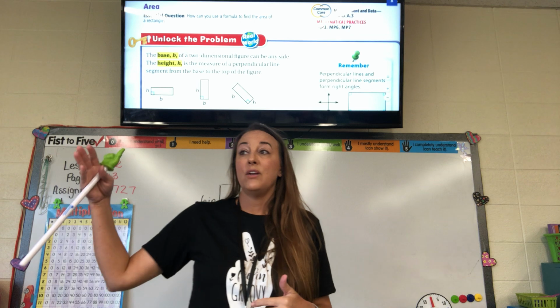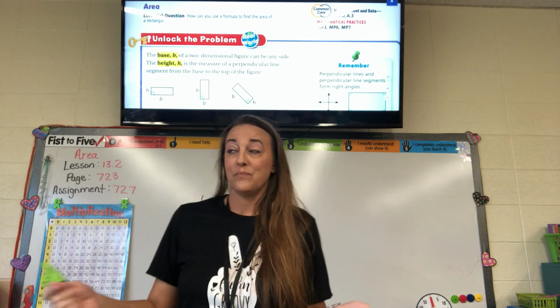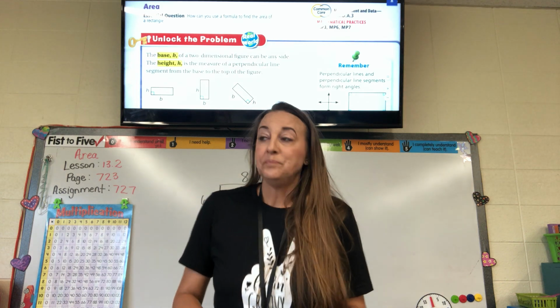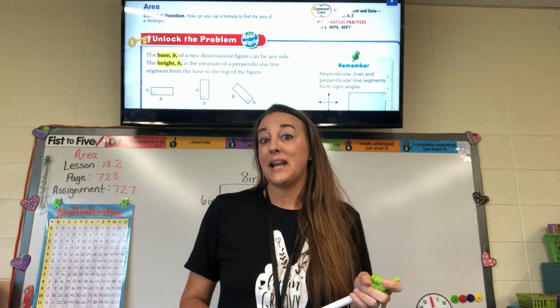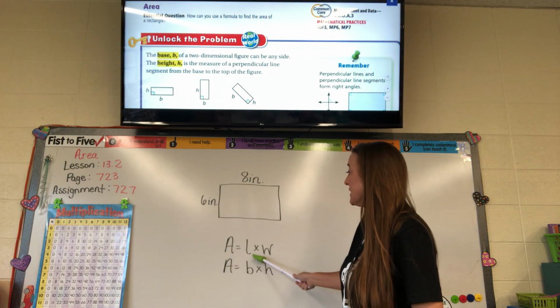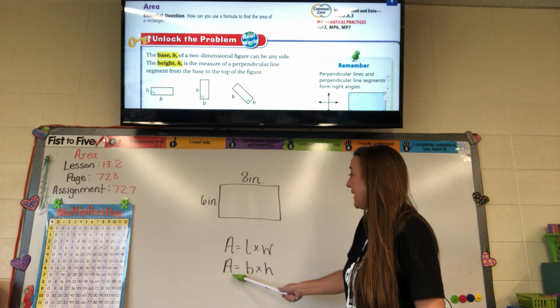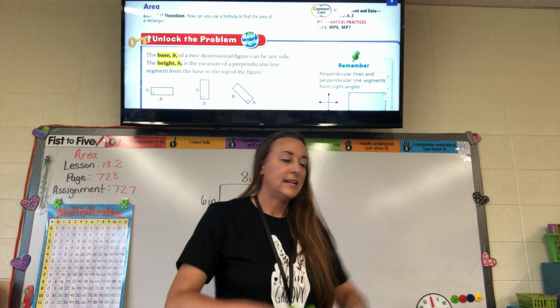So you'll have a length and a width, or for whatever reason they decided to name them base and height, so that's why I have area equals length times width and area equals base times height. So let's get into it.